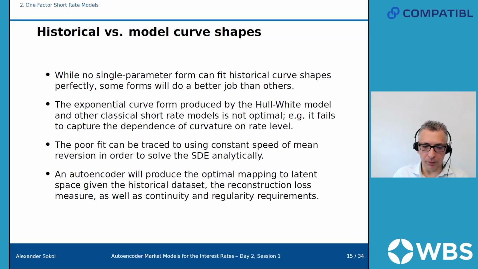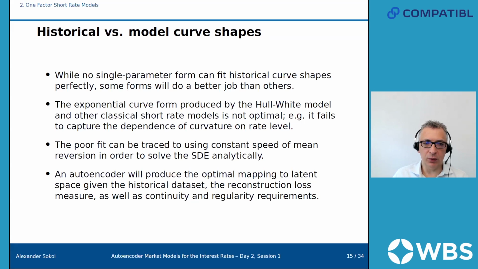So what we're going to do is to use the autoencoder to produce the optimal mapping of curve shapes into one-dimensional latent space, right? Why one-dimensional? Because we started from building a one-factor autoencoder market model.